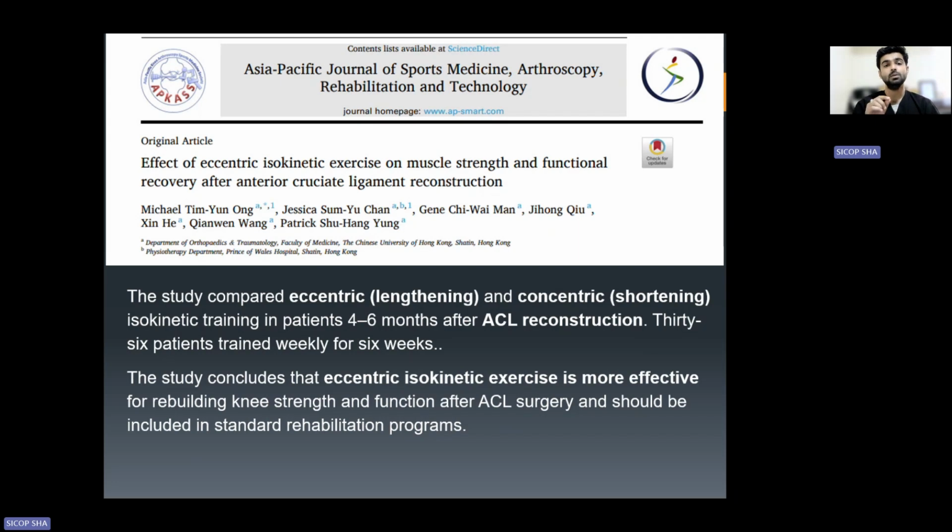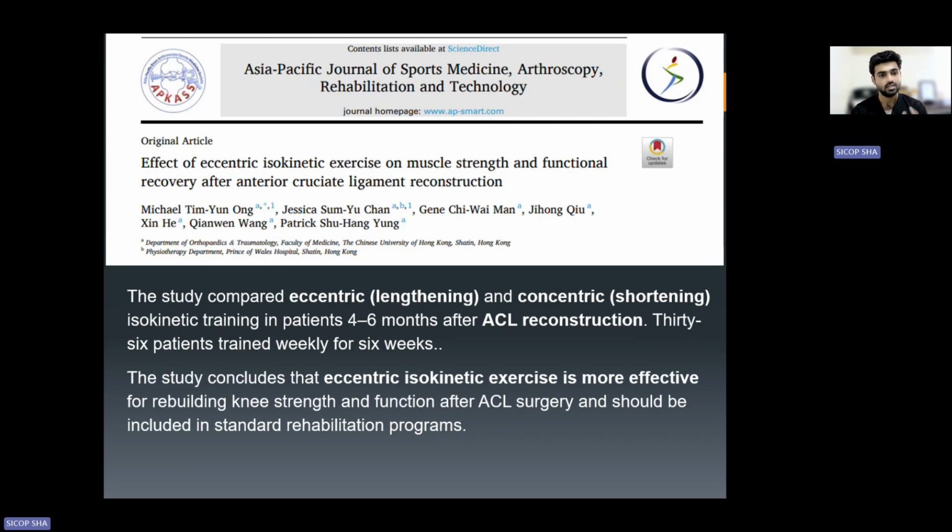But if we set a concentric-eccentric mode for a particular muscle, for example the quadriceps, then while going up into extension the quadriceps contract concentrically, and while the machine moves the leg down, the athlete has to resist that limb going into flexion. So the quadriceps will be active eccentrically. This is called concentric-eccentric isokinetic training.